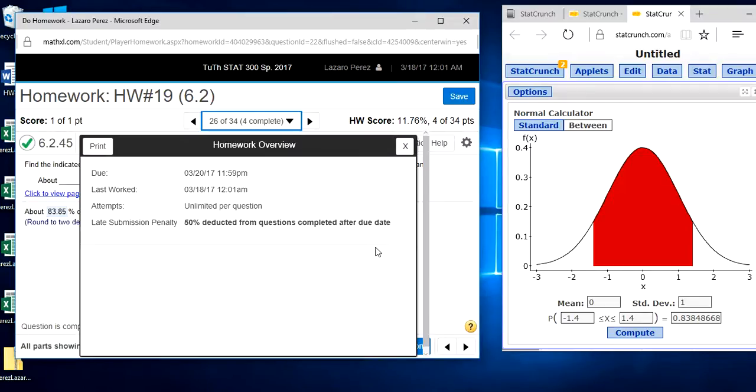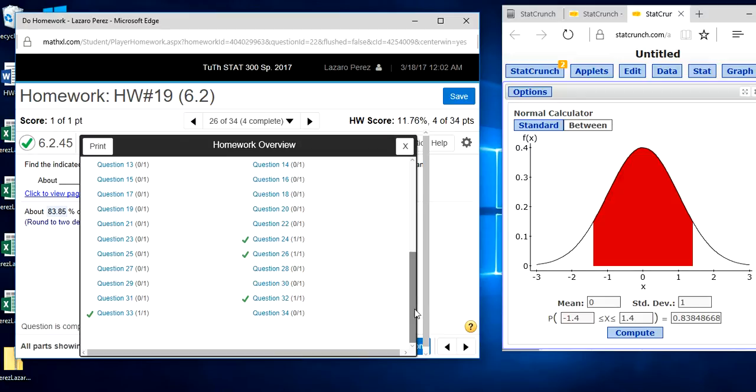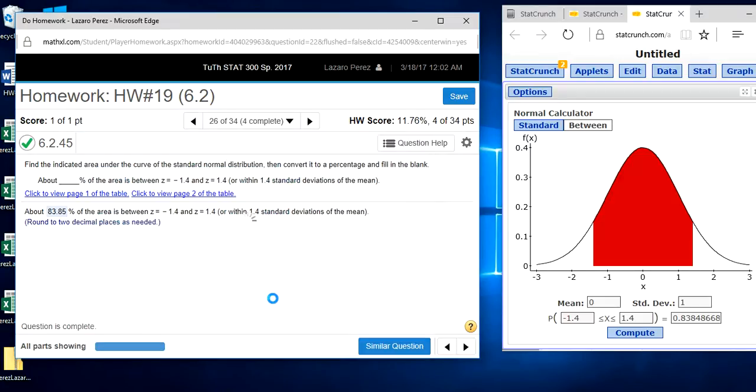Then the next question. It was 32 and 33. Let's wait for it to load.